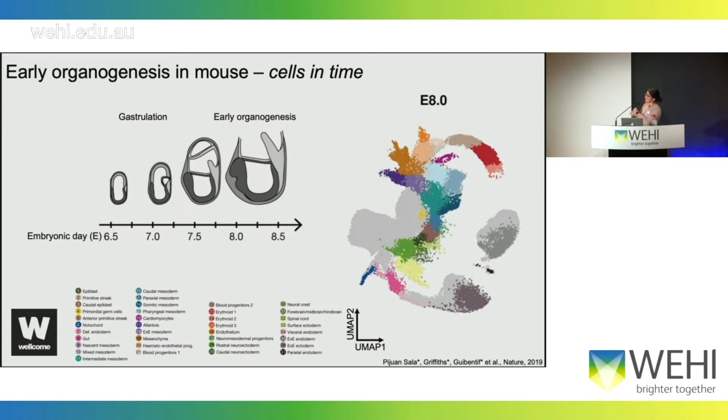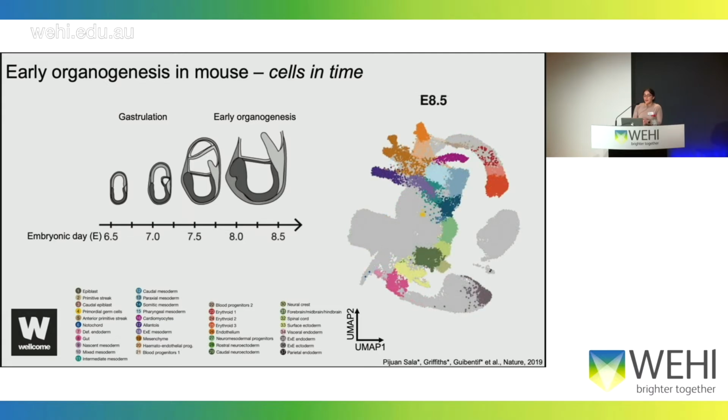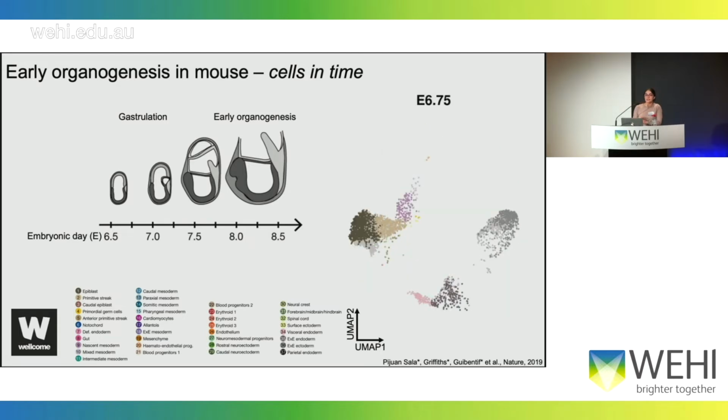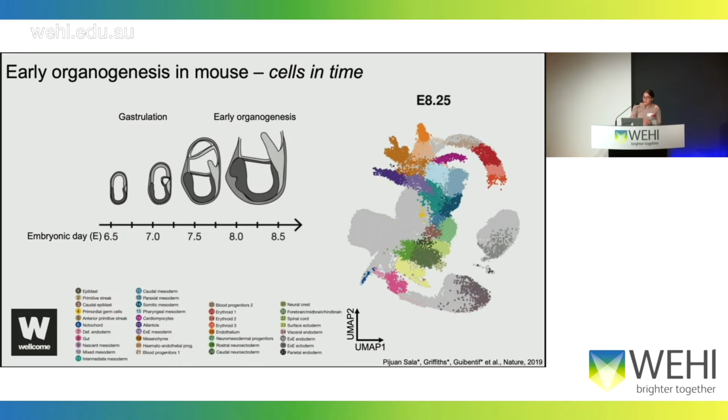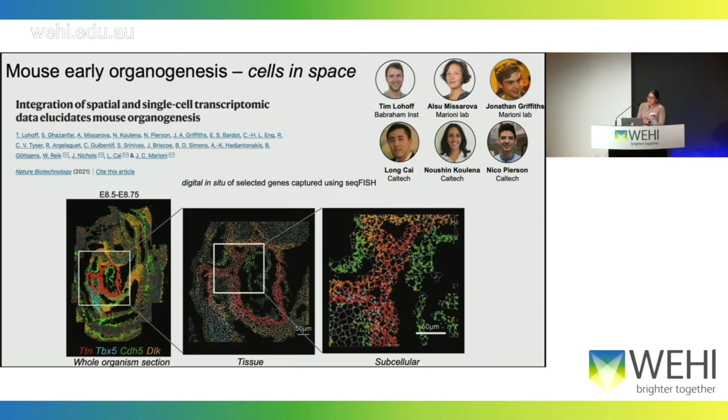So there are massive shifts happening. However, the key component here is that we're not necessarily capturing the cells in their native tissue contexts. So the place where I came in was looking at how we could incorporate the spatial component into our understanding of early organogenesis in the mouse.